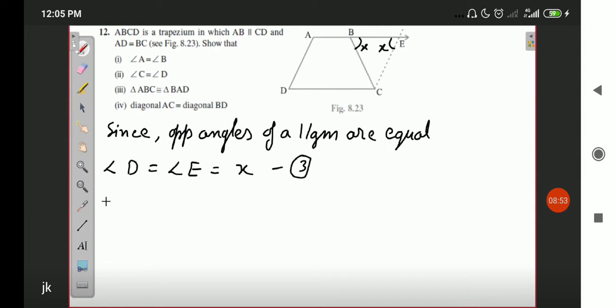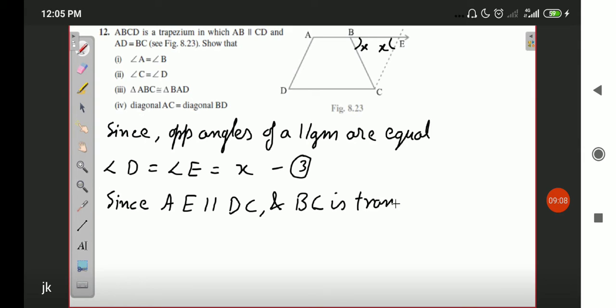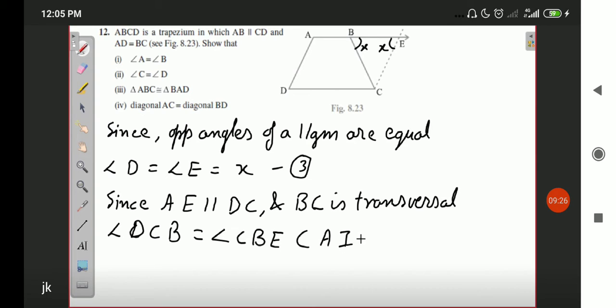Also, since AE is parallel to DC and BC is transversal, angle DCB will be equal to angle CBE because they are a pair of alternate interior angles, and angle CBE is x, so this is the fourth equation.